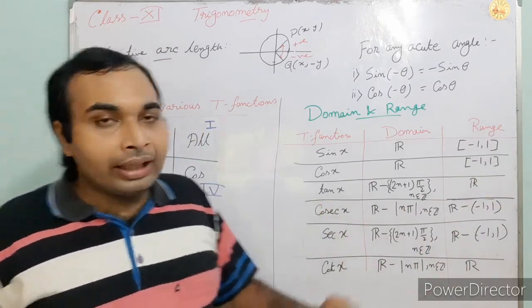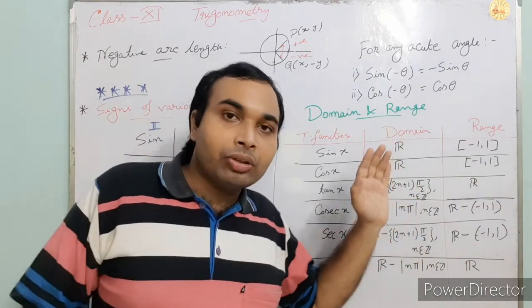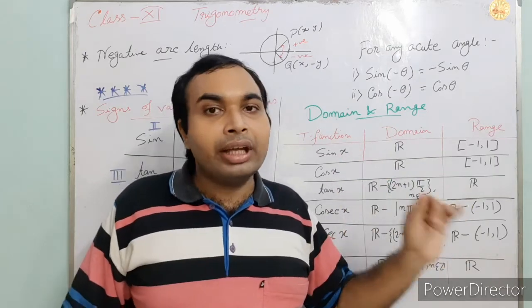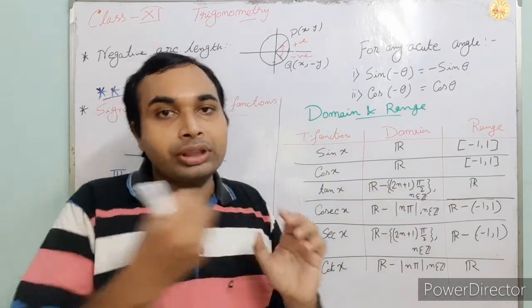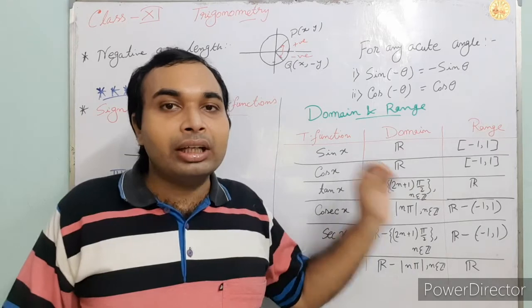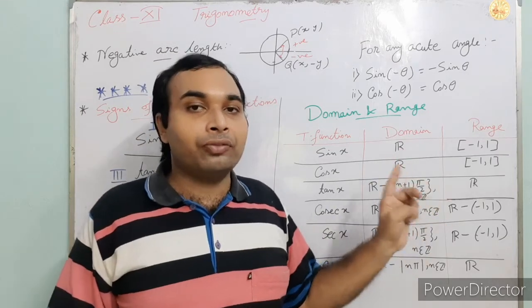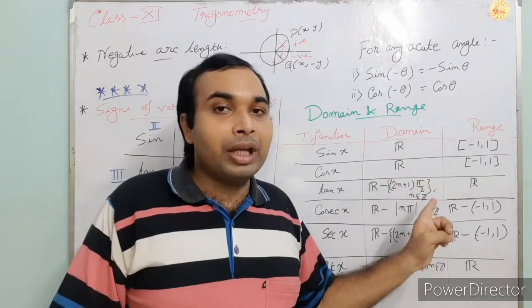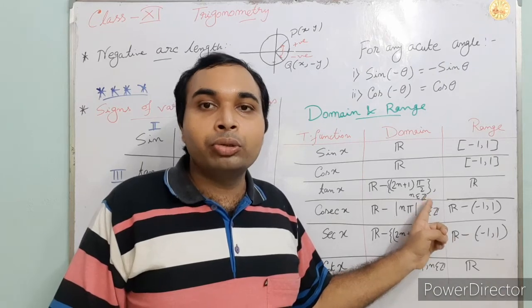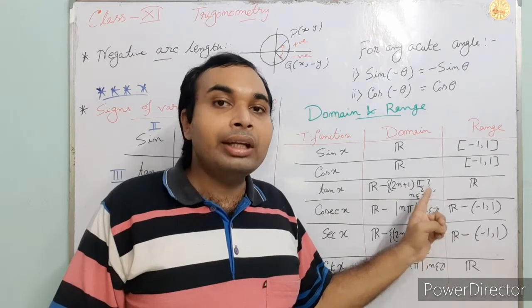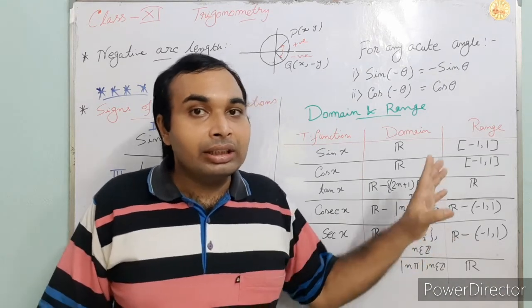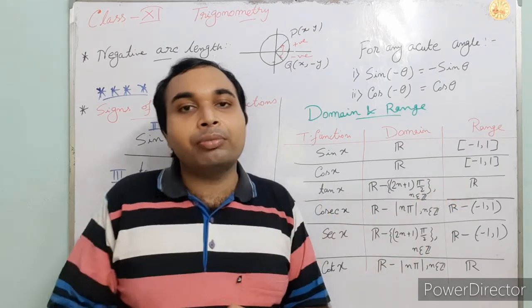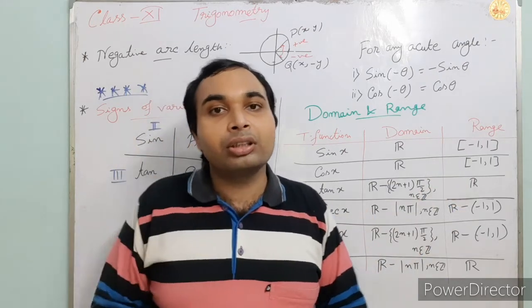Now for tan, all the real numbers you can take, but you have to subtract the real numbers which are of the form 2n plus 1 pi by 2. I have written here 2n plus 1 pi by 2, where n is an integer. For this form you have to take off that one, because what is the rule?